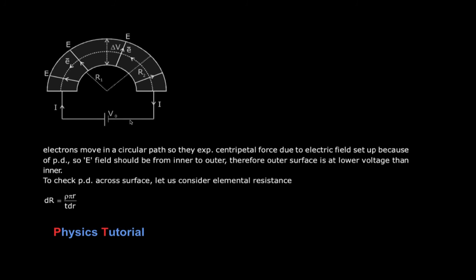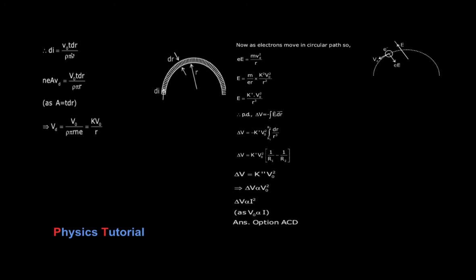To check the potential drop across the surface, let's consider the elemental resistance dR equal to rho pi r upon t dr. So dI is equal to V0 t dr upon rho pi r, and hence we use I is equal to neAVd.